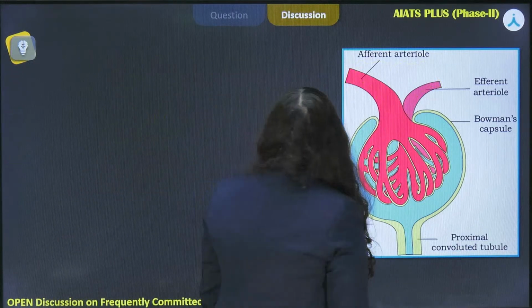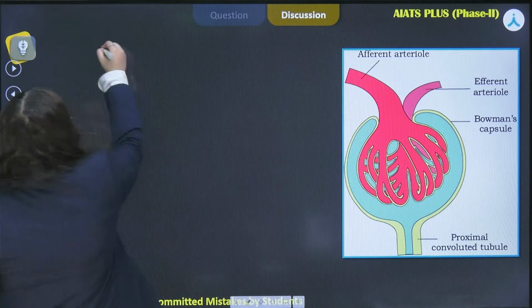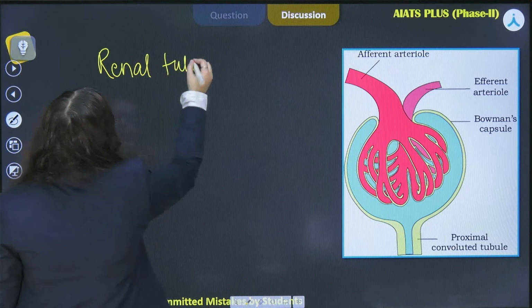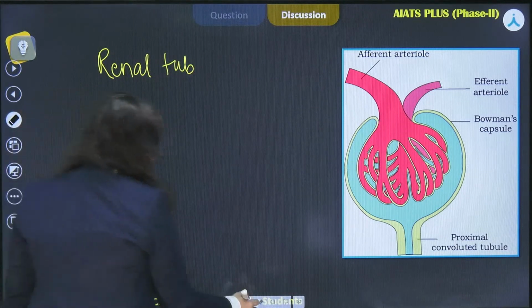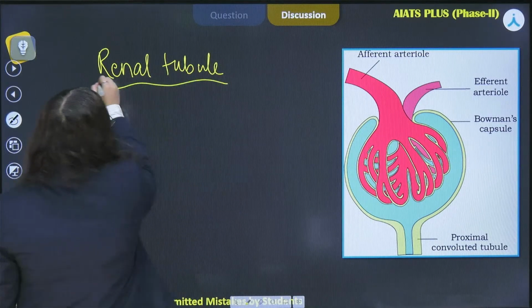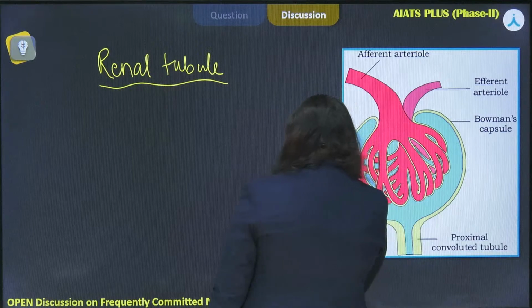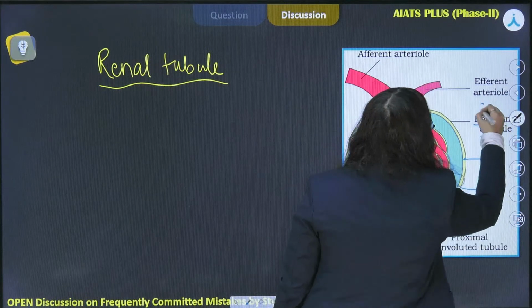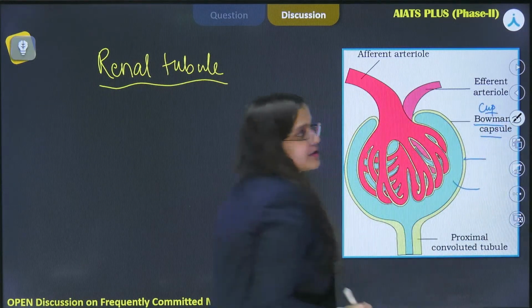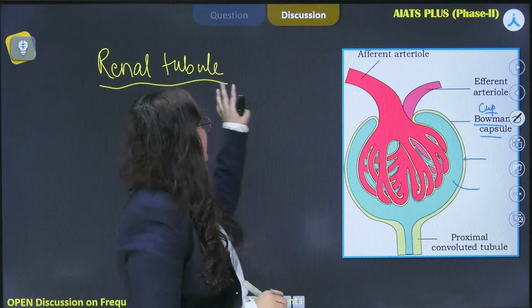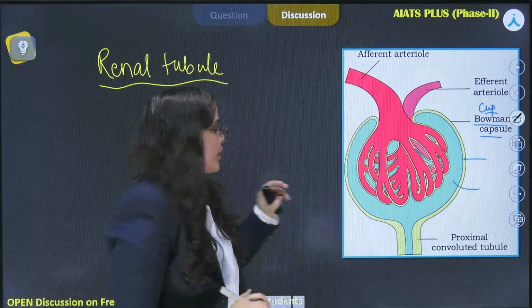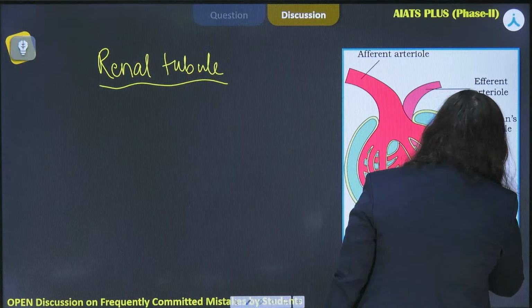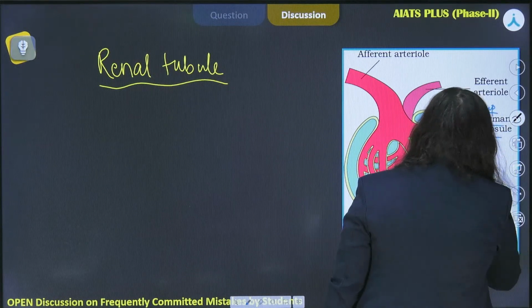Okay. So the other structure that I see here is the Bowman's capsule. So basically a renal tubule begins with a double-walled cup-like structure. You can see this is a double-walled cup-like structure, and it is said that our renal tubules begin with Bowman's capsule, and Bowman's capsule has an inner wall and the outer wall.